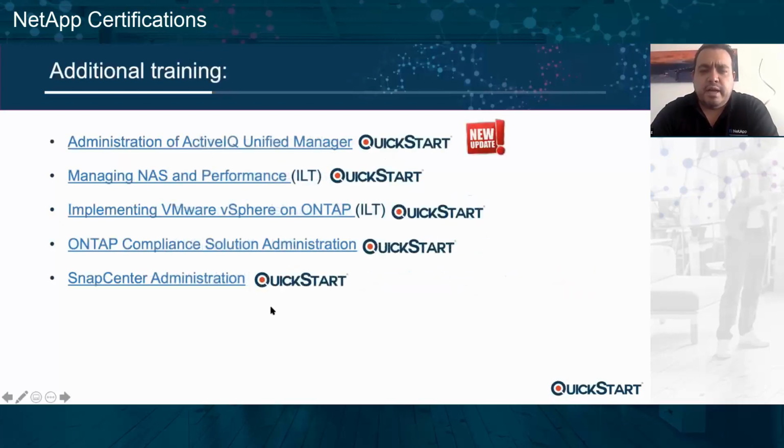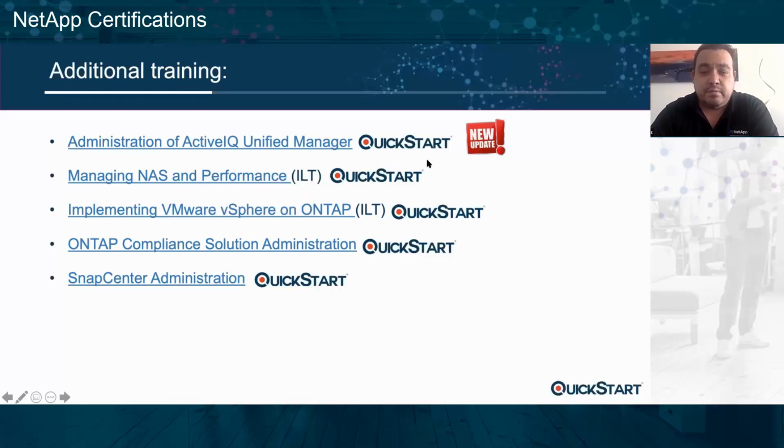A few more courses that we have that are not related to certifications, but they might be good for you. We have the administration of Active IQ Unified Manager. It has been recently updated like 3 months ago. Then we have NAS and Performance. That's a 5-day course, and we show you more details on SMB and NFS, and also we go with performance.